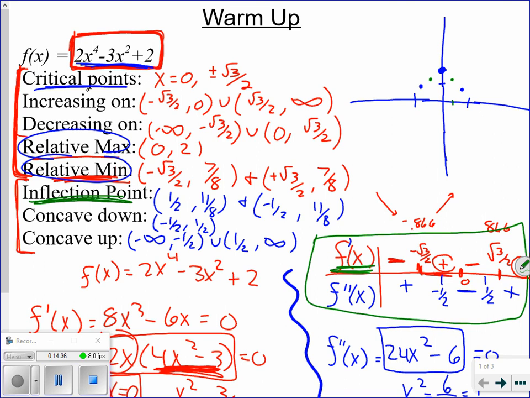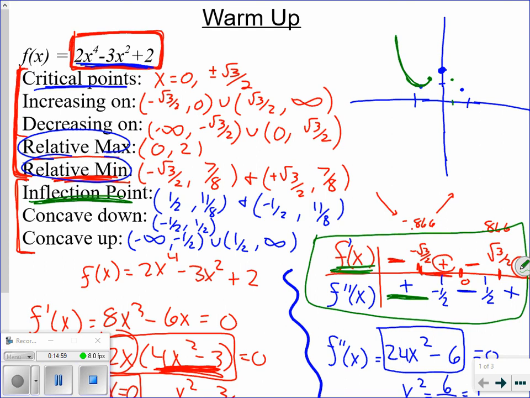Okay? All right, look. From negative infinity up to negative 1/2, which is this green point here, it is concave up. So what that looks like is this shape here. It's still following the same intervals before. We're still decreasing. We got the relative minimum, and then we're curving up to this point of inflection.